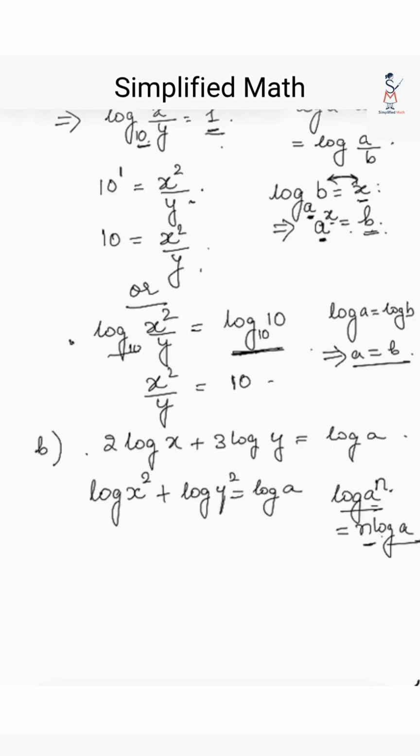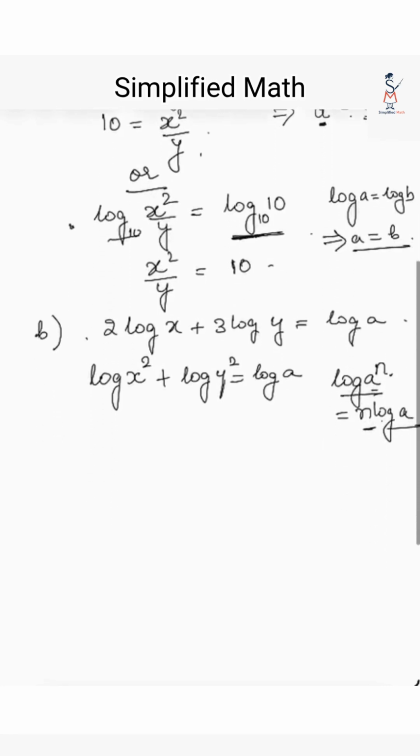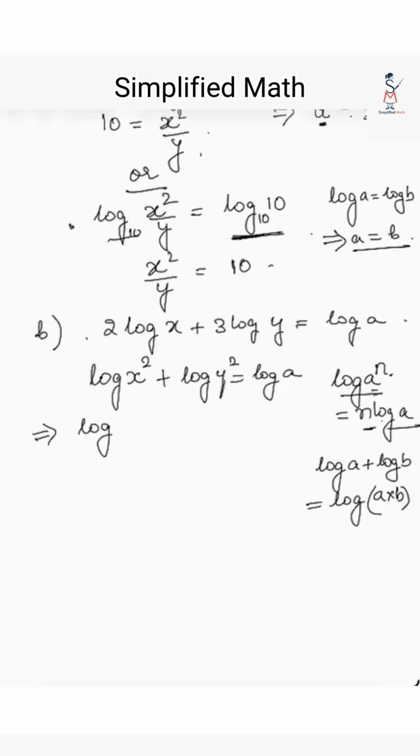Now the other rule states that log a plus log b is equal to log a into b. So this will be log a and this will be log b.